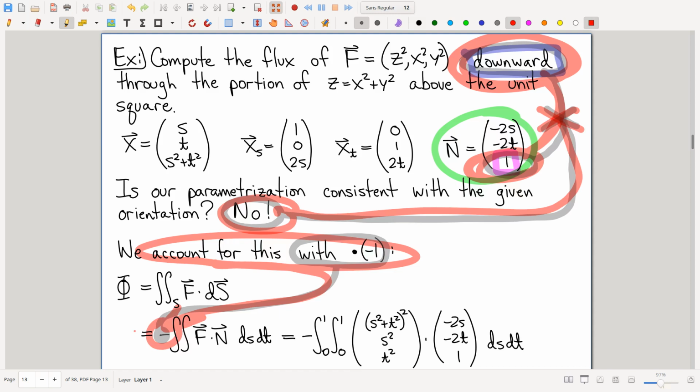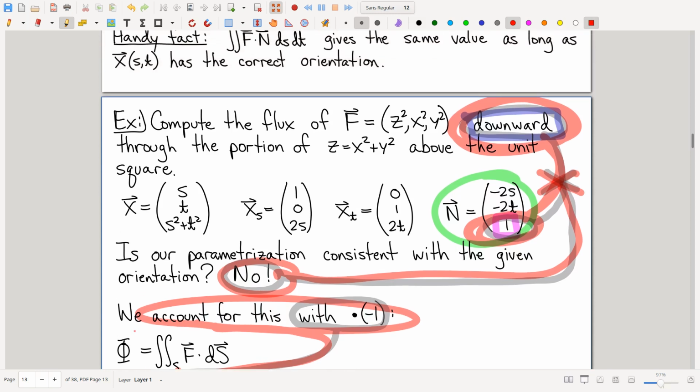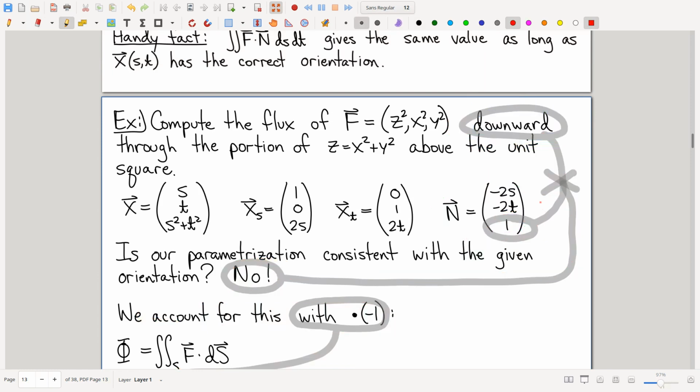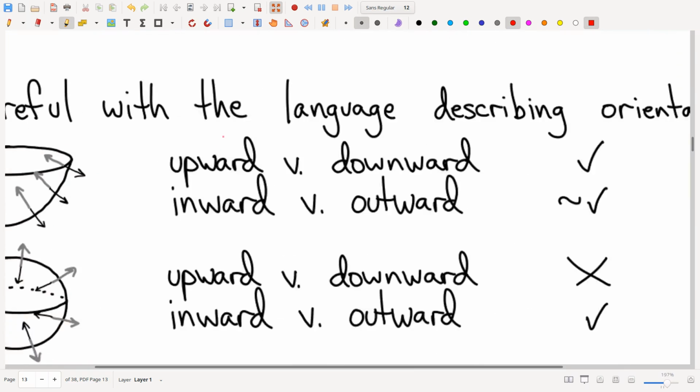Yes? It's not really intuitive to me why you decided that this is facing the wrong direction. Right. Okay, so let's draw a picture of our surface here. Actually, I already have a decent picture. Now, keep in mind this is a paraboloid, right? So let me scroll to where I have a convenient picture of a paraboloid.